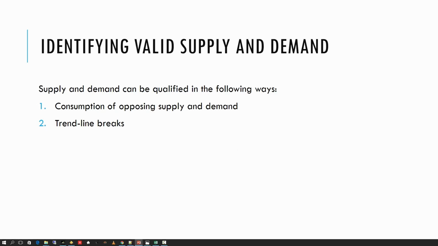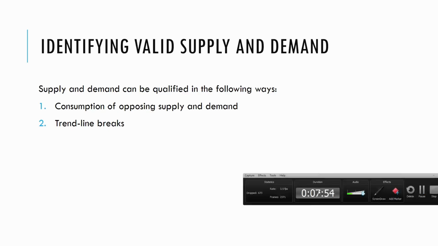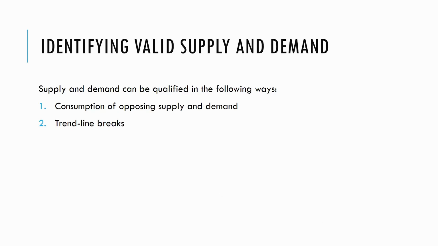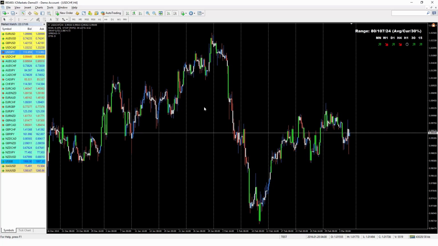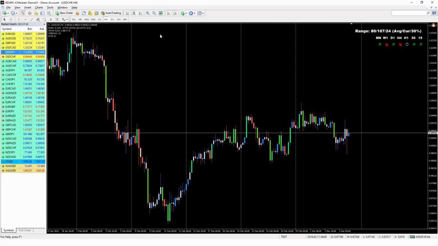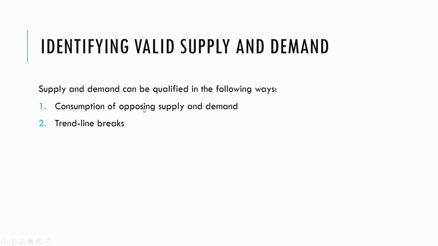I would like to have a quick look at how this might work on a chart. Let me move my chart over here so we can see what's going on. And the first rule is consumption of opposing supply and demand.